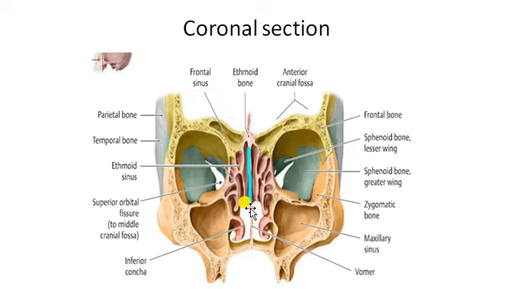This is the vomer, this is the nasal septum, and this is the lateral wall of the nose. These air spaces are the ethmoid sinus. And this large sinus present in the maxilla, on both sides, is called the maxillary sinus.